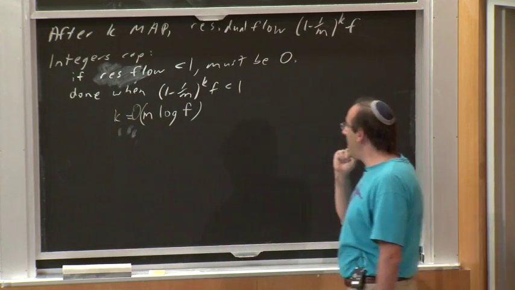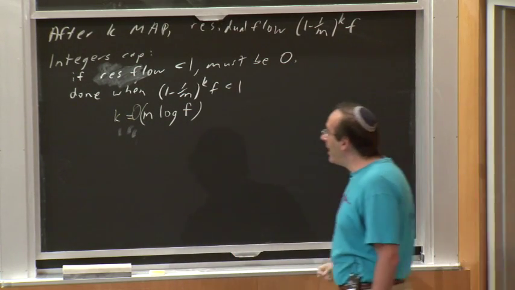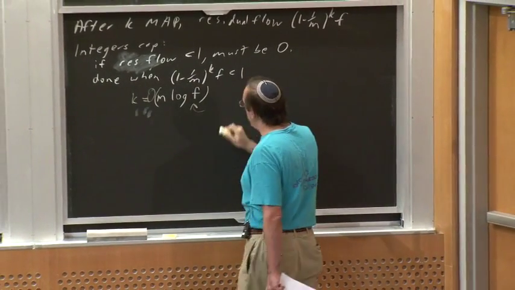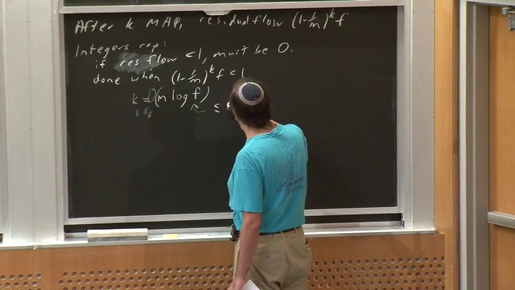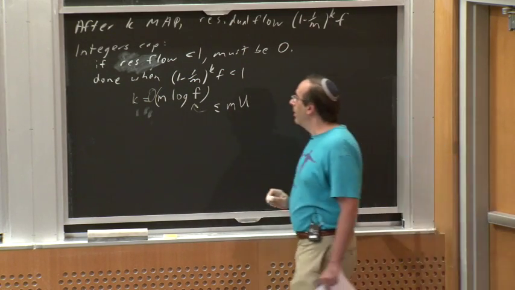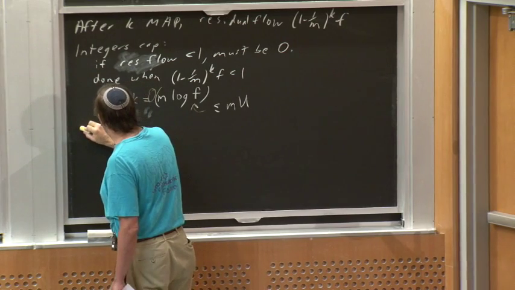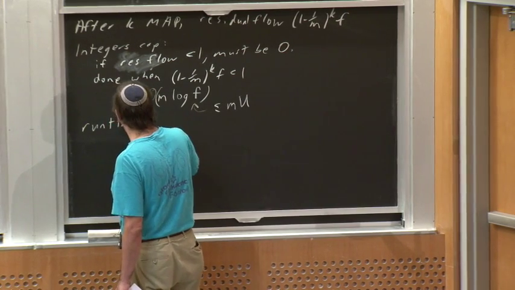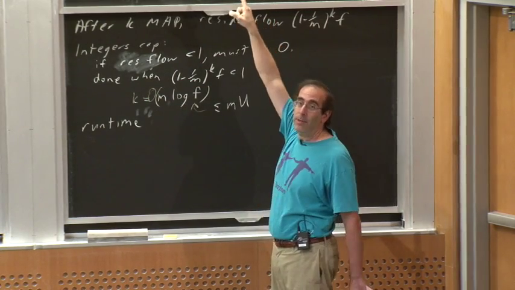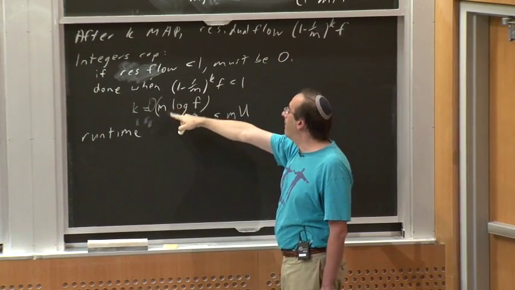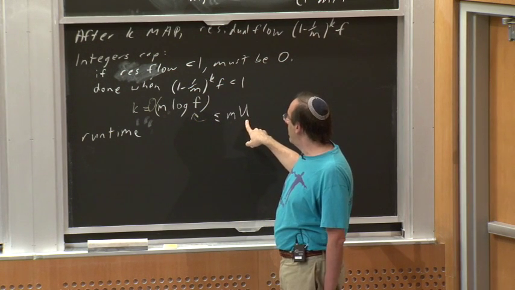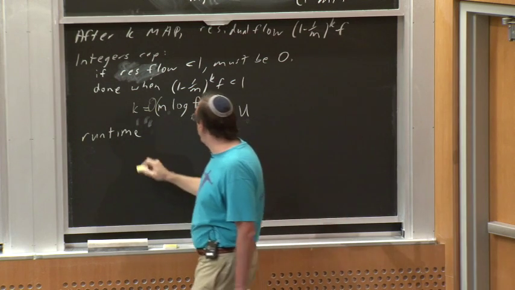What's interesting about this runtime is that now we can say, what's the value of the flow? Well, we said before, this is at most m times u. So we have to do this many max augmenting paths. Each of them takes us about order m time. I'm not going to worry about the n log n. And the value of the flow that we start with is m times u.